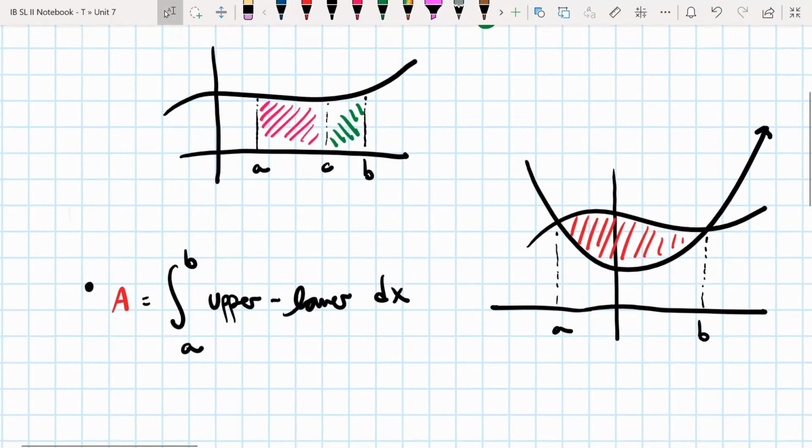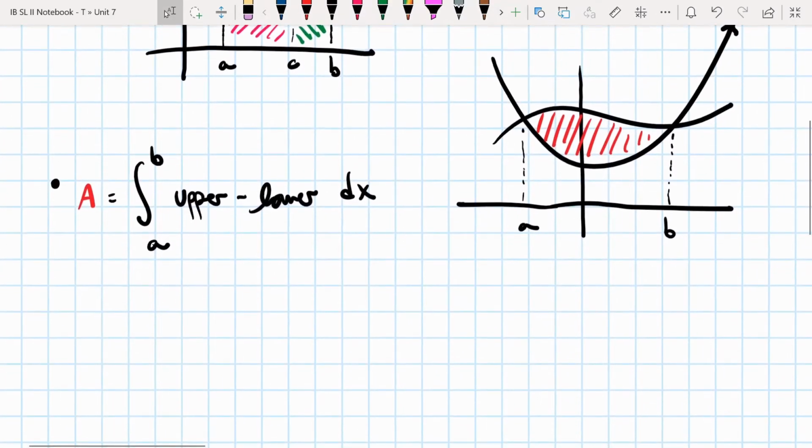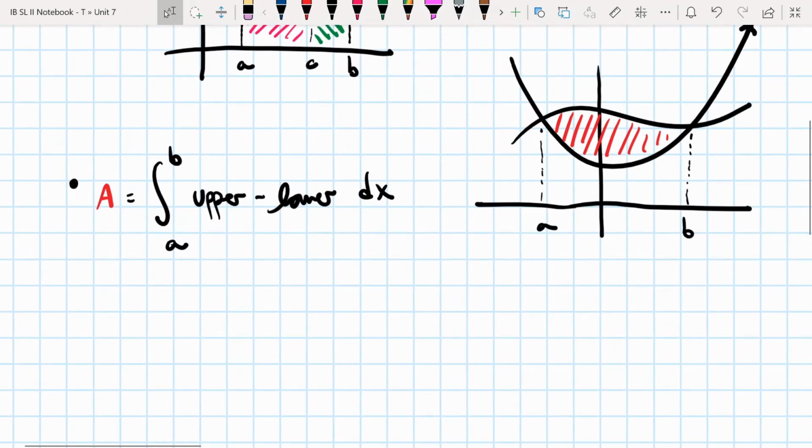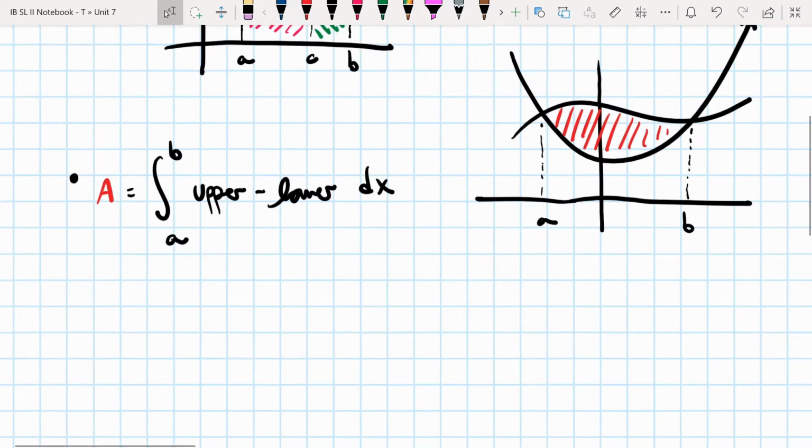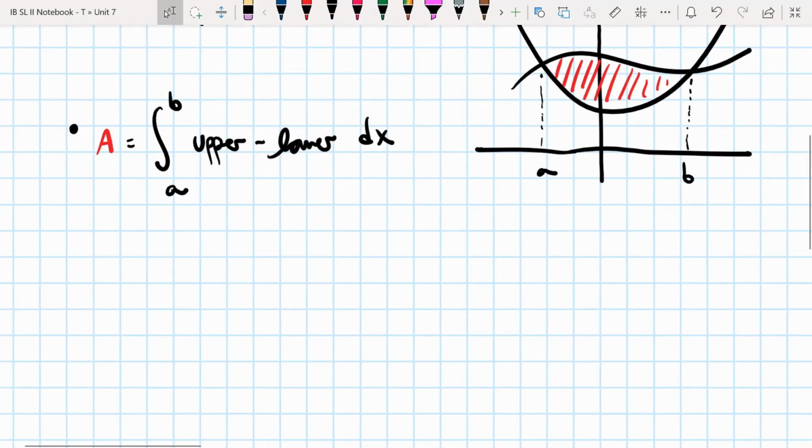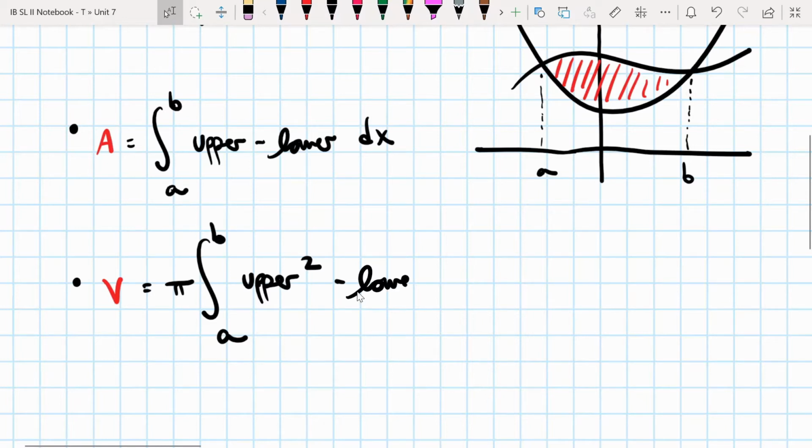And then our third and final property, before we start getting into some practice questions, is imagine we were to take this function here, this region A, and rotate it around the x-axis. So now we're going from an area to a volume. The volume generated is equal to pi times the integral from a to b of the upper function squared minus the lower function squared dx.